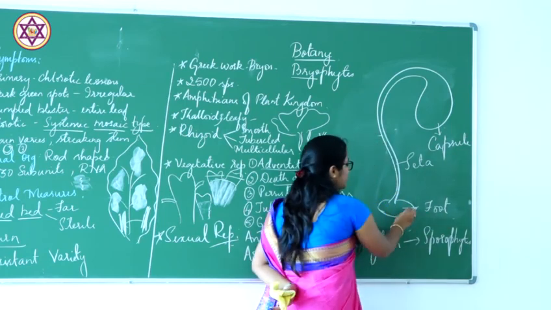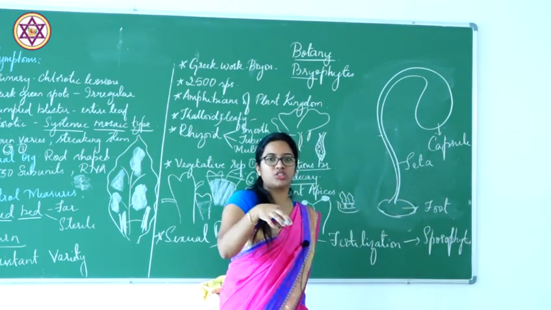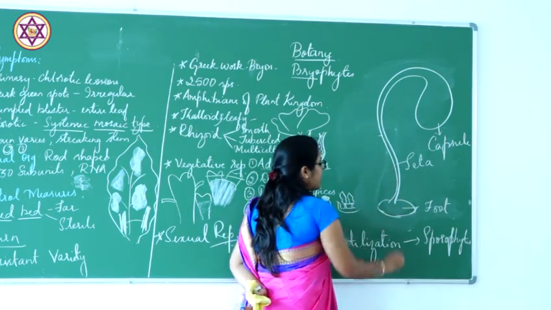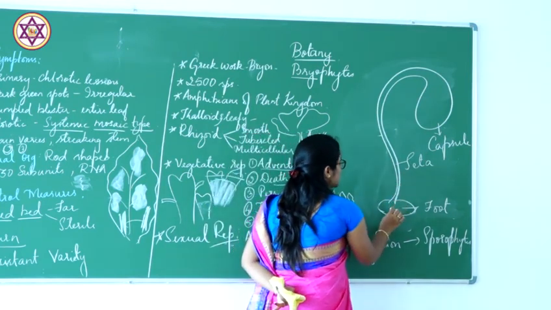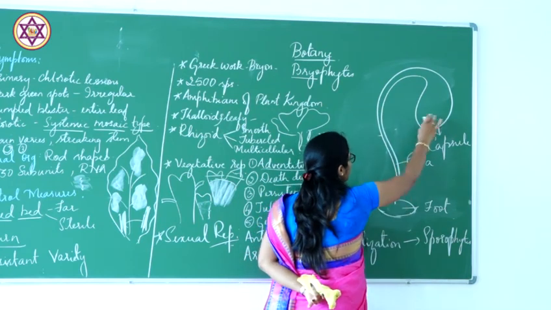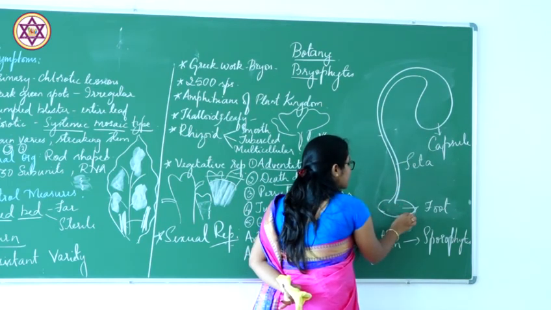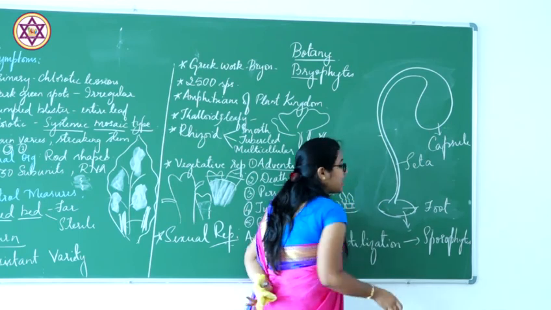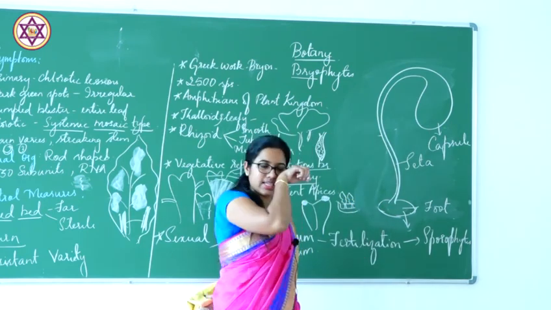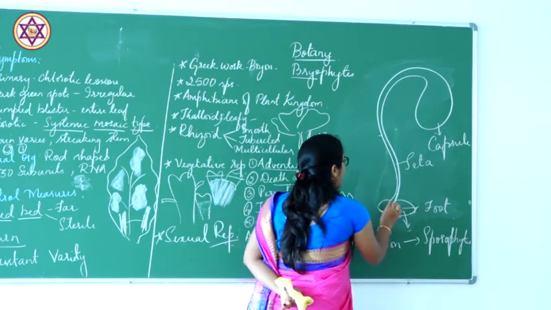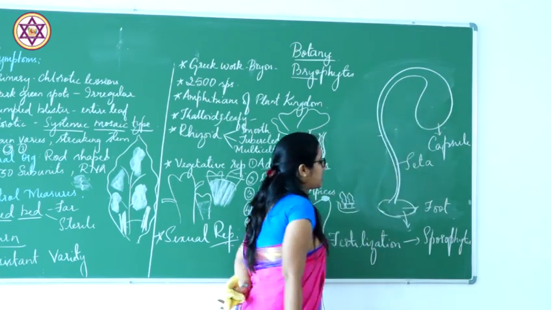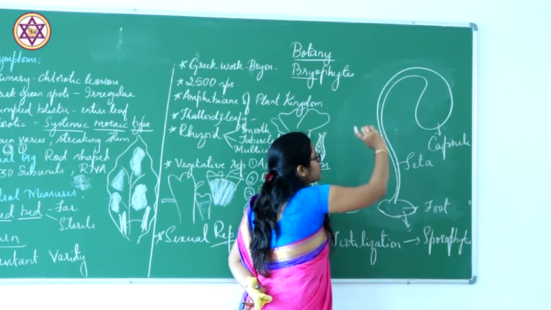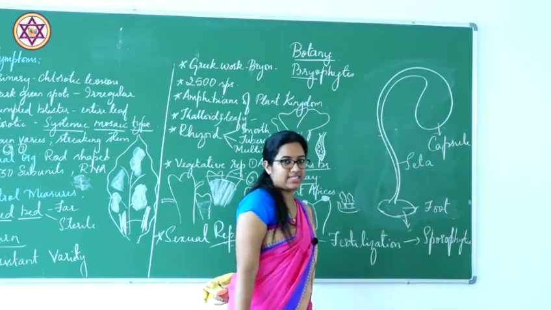The foot holds on to the thallus and helps in anchorage. Seta connects the foot and the capsule, and the foot takes nutrition from the thallus or the gametophyte, and that nutrition is transferred into the capsule through the seta.